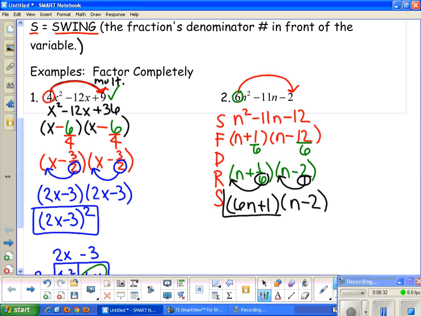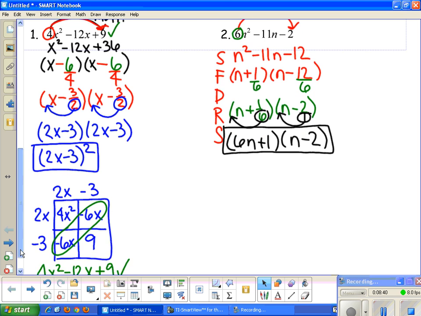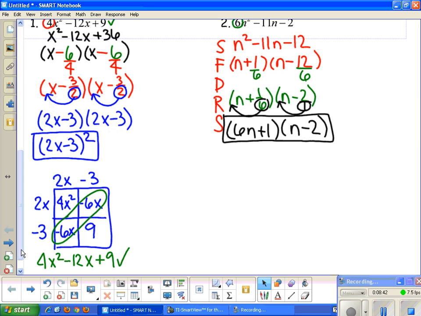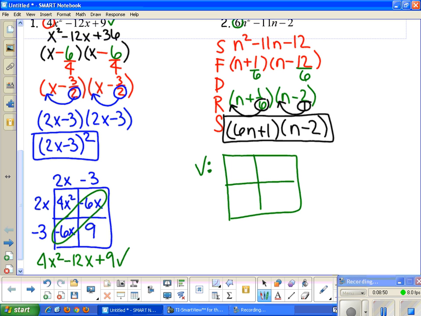Now this right here would be my factored equation, so my factored trinomial. Now I'm not done, because as always I like to check my work, so I'm going to do that by foiling, or I like to do the box method. So I'm going to check by doing the box method here. So I have 6n and then plus 1 over here, and then n minus 2.